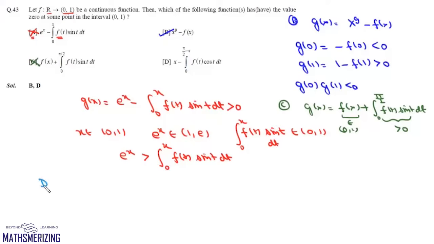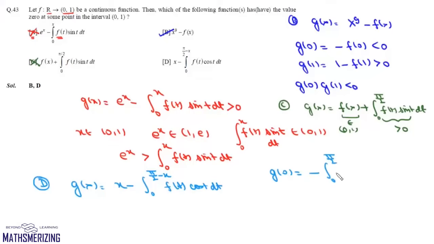Now for this option D, we'll take g(x) as x minus this integral from 0 to pi by 2 minus x of f(t) cos t dt. Now again, if we find g(0), g(0) is minus this integral from 0 to pi by 2 of f(t) cos t dt, and g(1) will be 1 minus this integral from 0 to pi by 2 minus 1 of f(t) cos t dt.